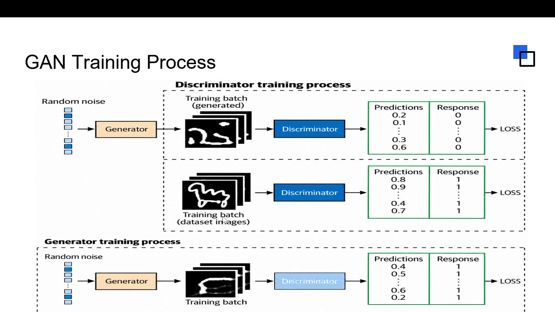Parallelly, the original data set is also given as input to the discriminator, and the discriminator will classify the given data as synthetic or fake data based on class labels. If the discriminator is unable to identify the given data as fake data or real data, then we need to loop those data back to the generator until we receive 100% accuracy.